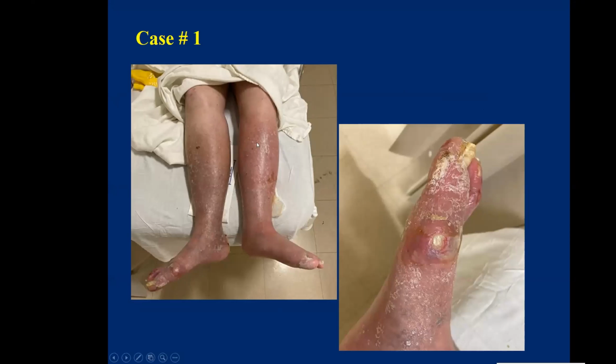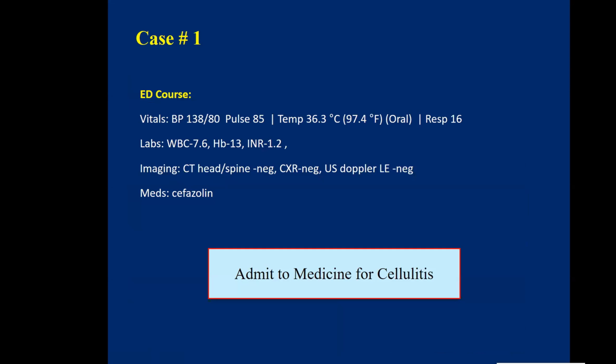So a closer look here, the left leg looks a little bit more red, but the right leg, the skin is not normal. And this is a closer look at the right foot over here. Yep, and he's admitted to medicine for cellulitis.